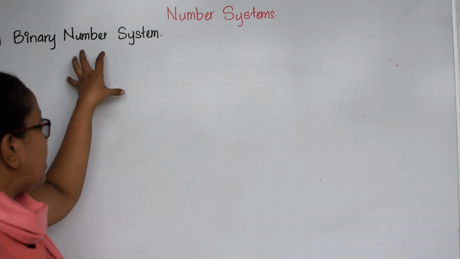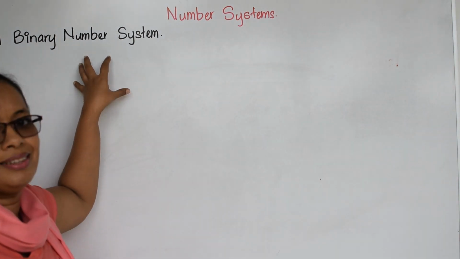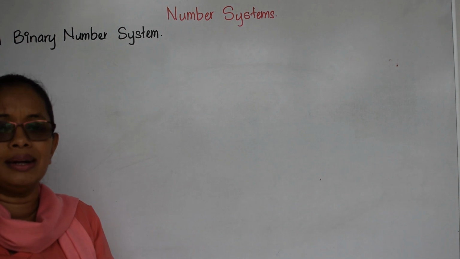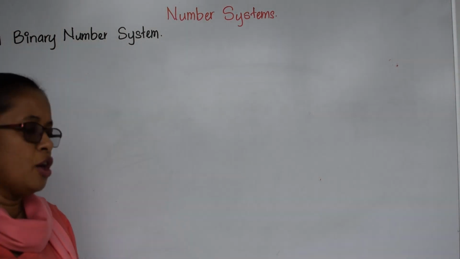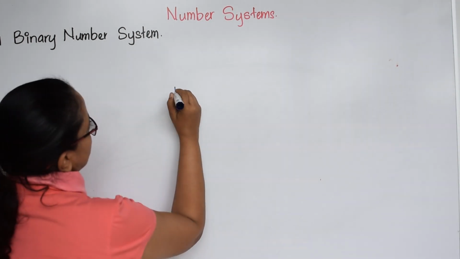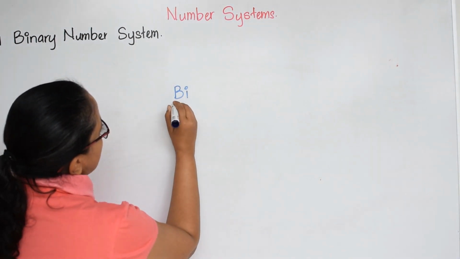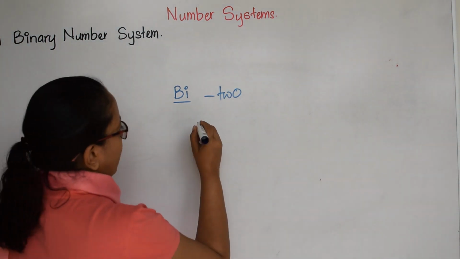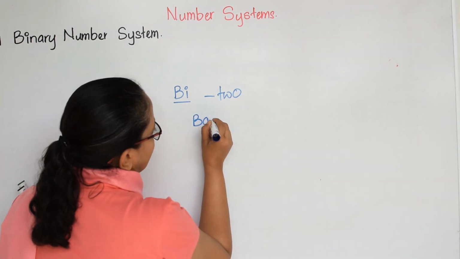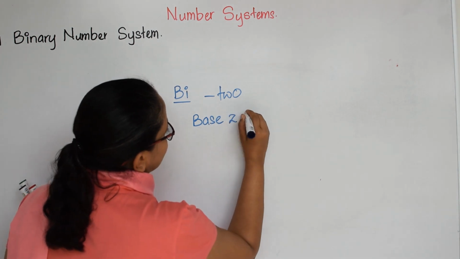Because of that, when the name is given for a particular number system, it is important for us to understand the base value of that number system first. So if it is binary, like deci, bi means 2. So it is a base 2 number system.